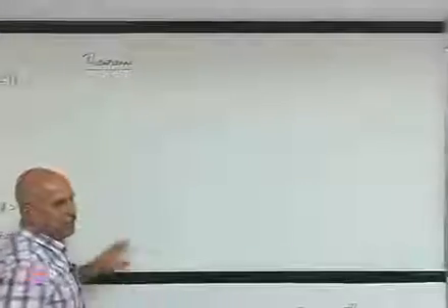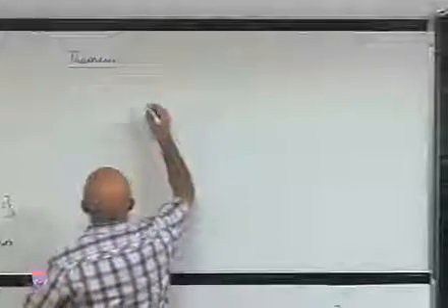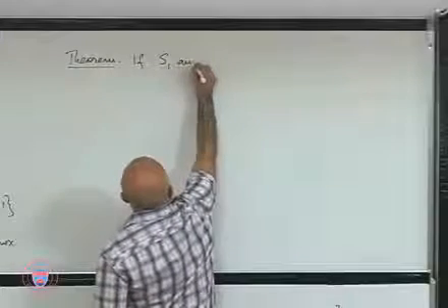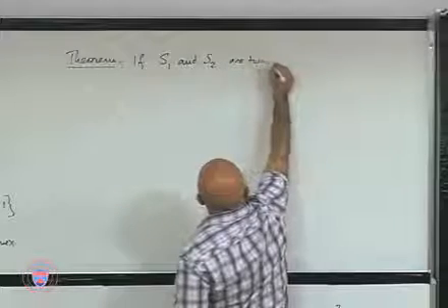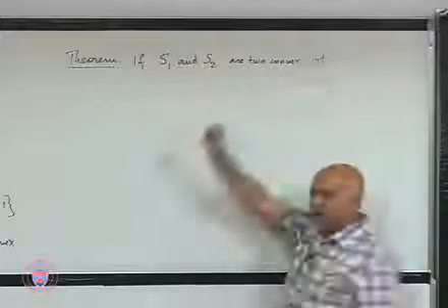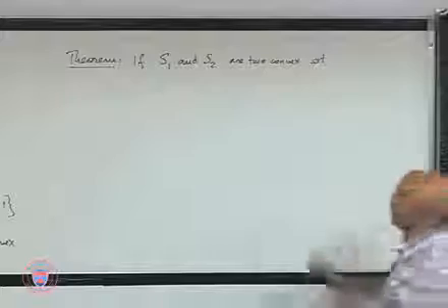These are just straightforward results. One is the following. If S1 and S2 are two convex sets. By the way, the empty set by convention is convex. Okay? You might want to take a note of that.